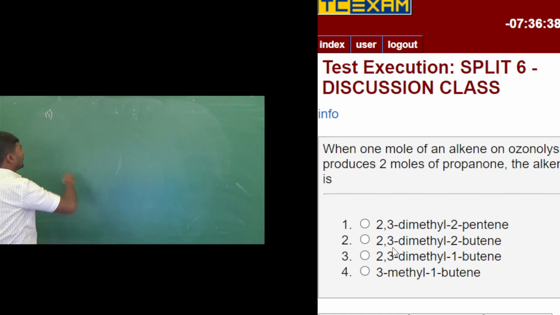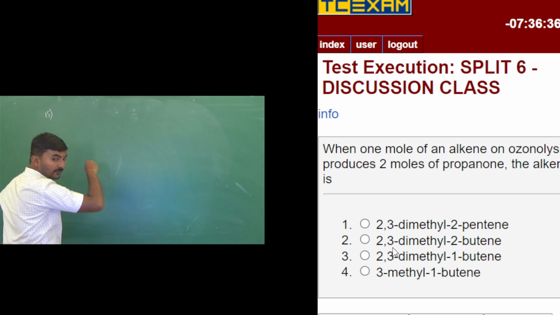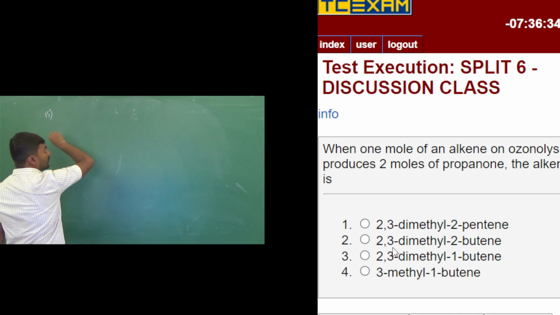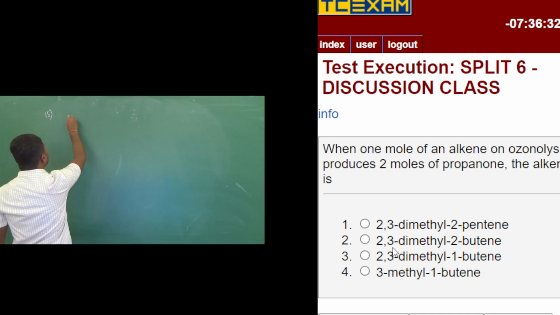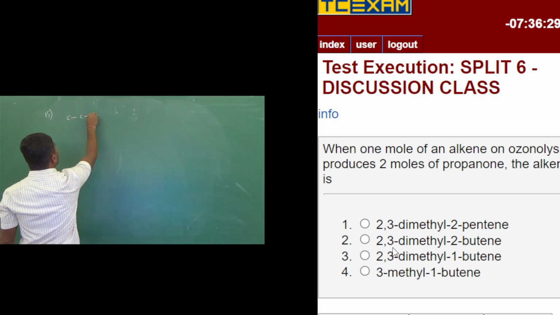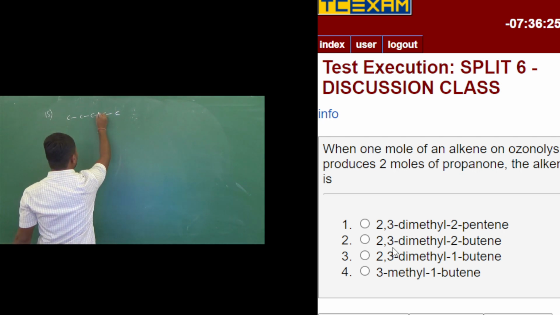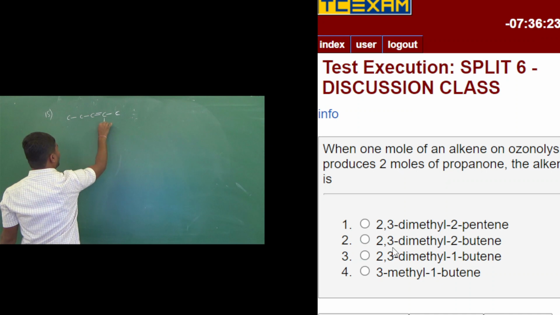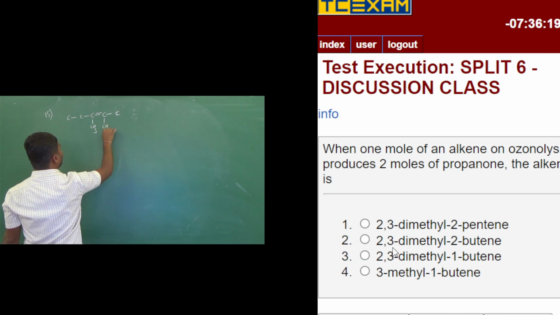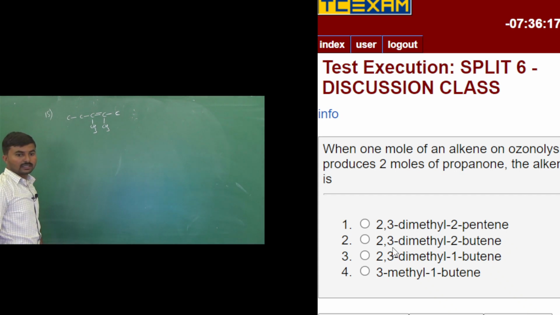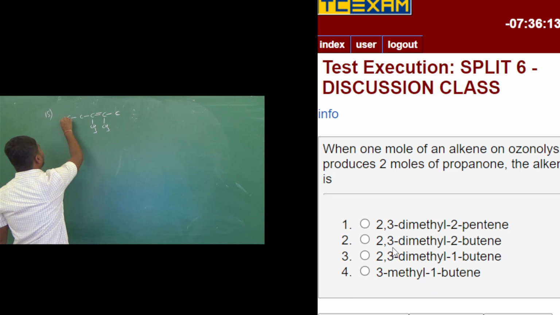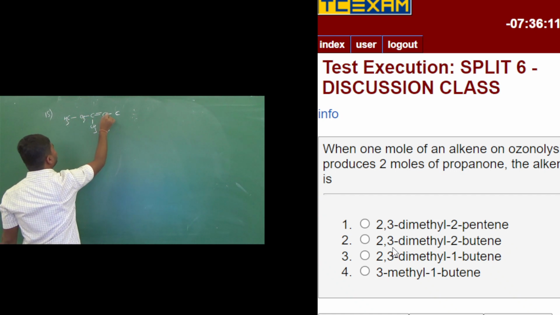So if we consider the first option, 2,3 dimethyl 2 pentene, carbons 1, 2, 3, 4, 5, 2 pentene followed by 2,3 dimethyl 2 pentene, which undergoes ozonolysis.